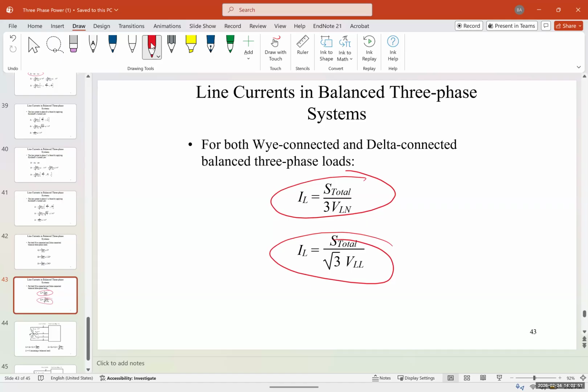So for a Y connected and a delta connected balanced three-phase, the power would be the same. IL would be S total over 3 VLN, and I load would be S total over square root of 3 V line. What is the difference between the upper equation and the lower equation?